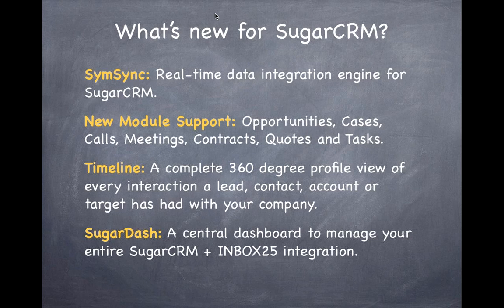Next is Timeline. And Timeline is our new 360-degree profile report for targets, leads, contacts, and accounts. It's basically a very in-depth look at every single one of your records that illustrates every single interaction that that particular record has had with your company.